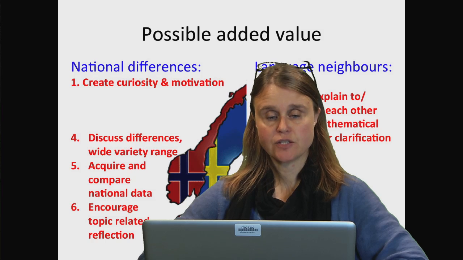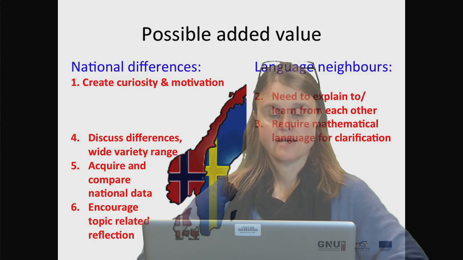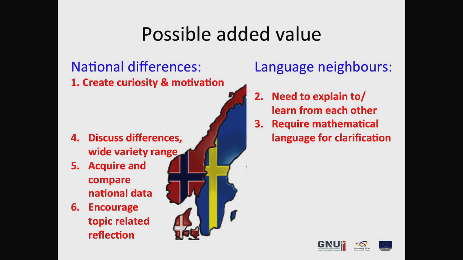4. In relation to national differences, it was regarded as a possible added value for the mathematical subject. It can be used as a foundation to discuss differences that are related to width, some in variety and some in range. 5.